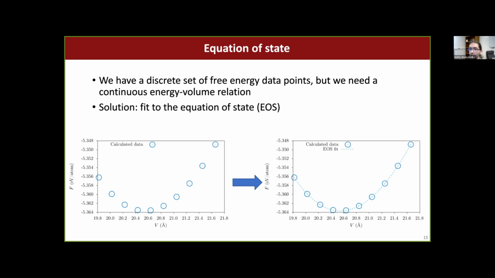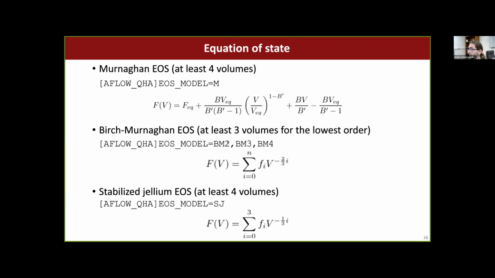It's an equation which relates state variables. In our case, it's volume and free energy itself. And in QHA, you actually have three different analytic forms to use. The first one is the Murnaghan EOS.